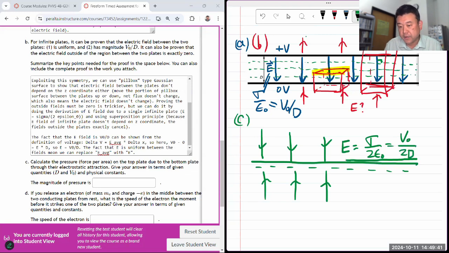So that's the value of the electric field here. So for the top plate, which is here, the distance doesn't really end up mattering anymore.